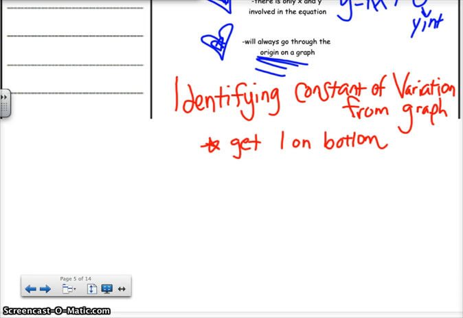For example, let's say I have this proportional relationship. So I know I go through the origin. And then let's say that I go through this one. Okay? So it's going to say, what is my constant of variation?